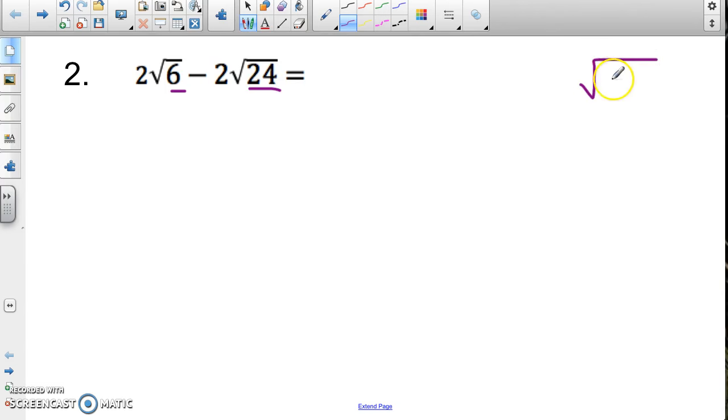Here's how we're going to do that. We're going to write radical 24 off to the side of our paper, and we're going to figure out two numbers that multiply to 24, one of them being a perfect square. So if you think of all the factors of 24, one of them will work that has a perfect square, and that would be 4 and 6.